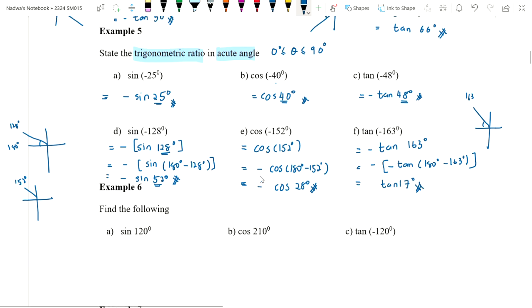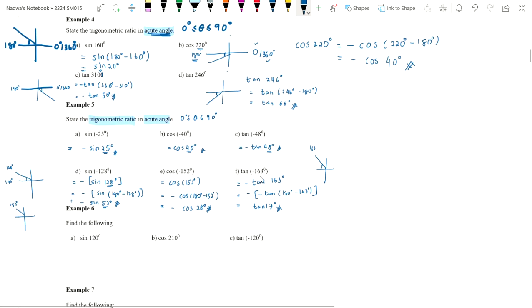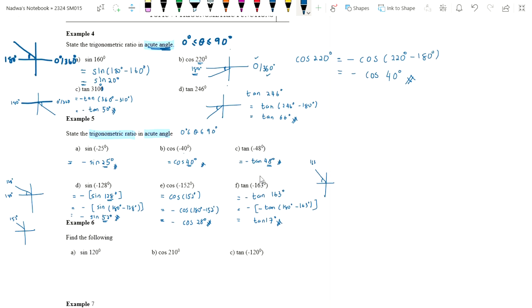Okay, so that is how we do question 4 and question 5. We want to transform the trigonometric ratio into an acute angle. So this is how we do it. Remember, we have to identify first the angle.